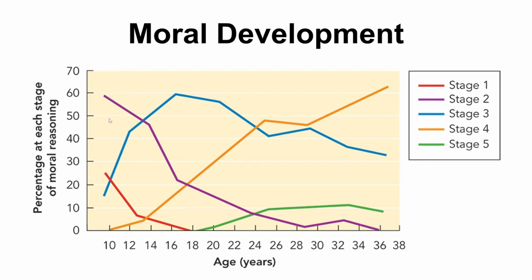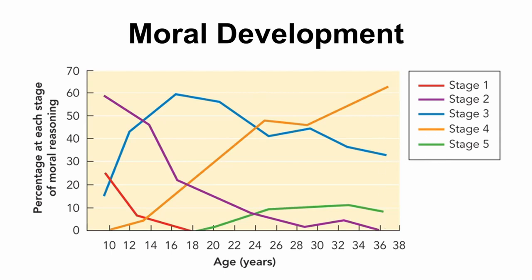So we see that those are fairly high when you're children and they go away into adulthood, though there are some individuals who will persist having some of these moral stages even into their 20s and 30s. But then we also see that the next 2 stages are going to increase as we get a little bit older. So stage 3 gets fairly high when we're getting closer to adulthood, and then it sort of plateaus and tapers off, where stage 4 becomes the dominant and the most common of our moral stages into adulthood.